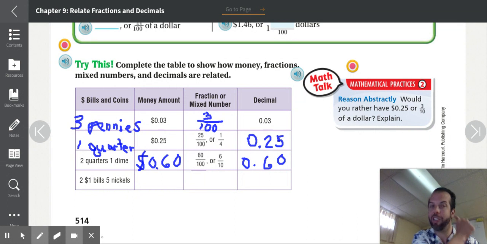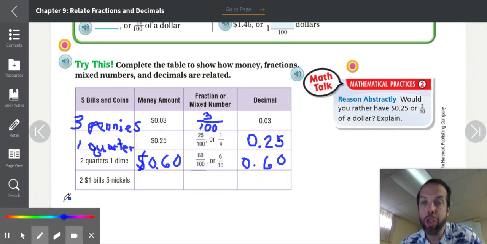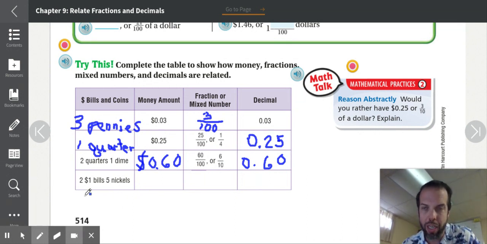Last row is a little different. Now we got 2. This is a little tricky to read. There's a dollar sign, 2 $1 bills and 5 nickels. So 2 $1 bills. So now what's my money amount going to be? So I know I'm going to do a dollar sign since we're talking about money in my money amount.